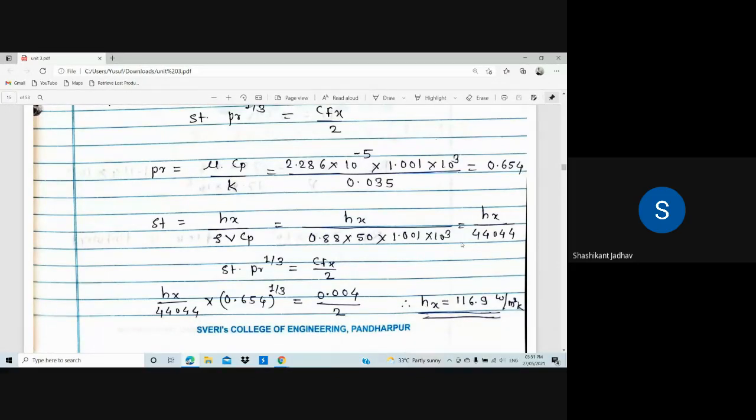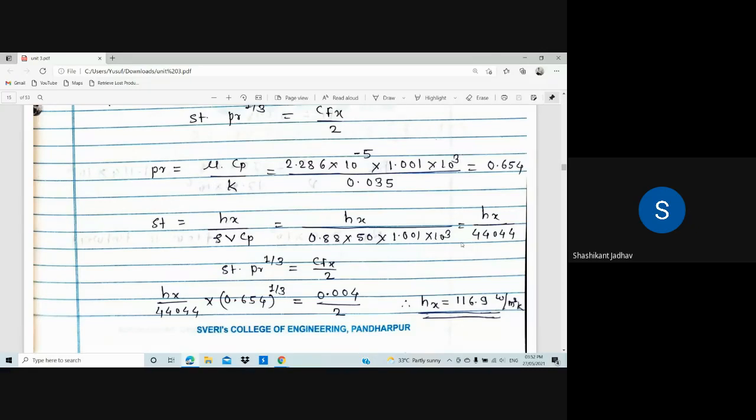Watt per meter square Kelvin. Okay, all of you write down this thing. First of all, we have to calculate the Prandtl number, then we have to calculate the Stanton number, then we have to use that relation, and by using that relation we find out the value of Hx, that is the local heat transfer coefficient. What is the value of that?